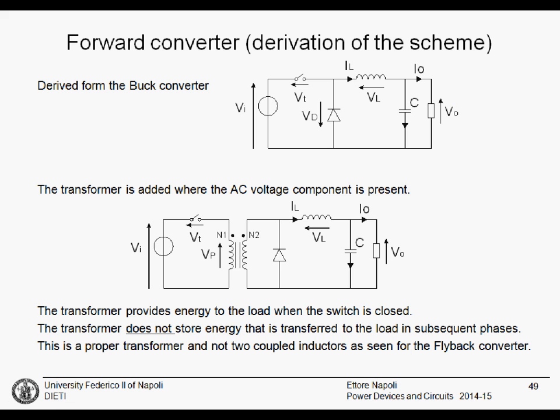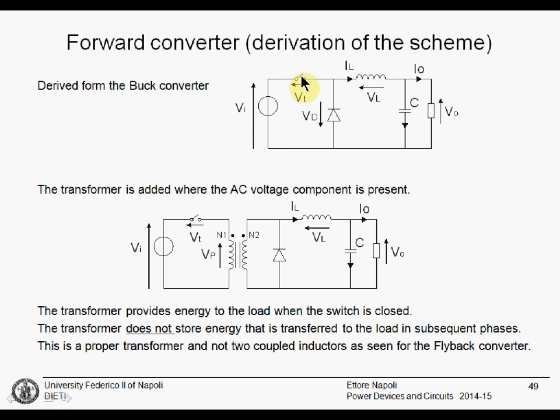First of all, we need to add the transformer. The transformer needs to be introduced where an AC voltage component is present. We cannot introduce a transformer here, because here the voltage is constant. The transformer does not work well. We cannot introduce a transformer in series.